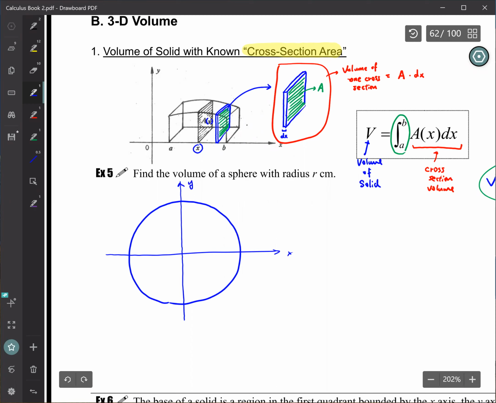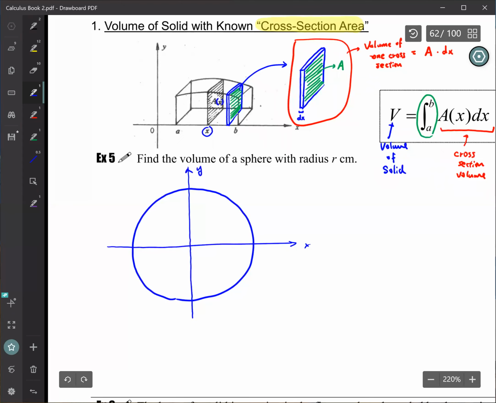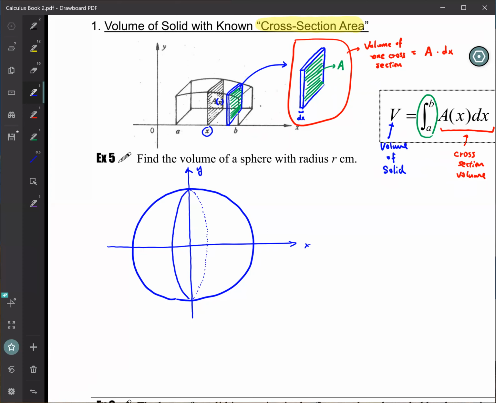And to make it look three-dimensional, we need to have slices. For example, the one in the center will be here. The dotted line means it's behind. So that's the slice right in the center, the biggest one in that area.